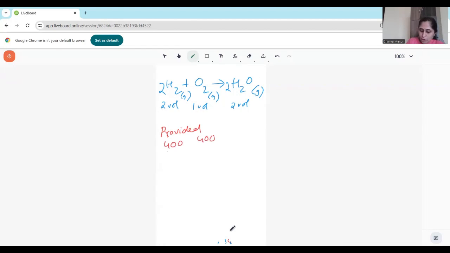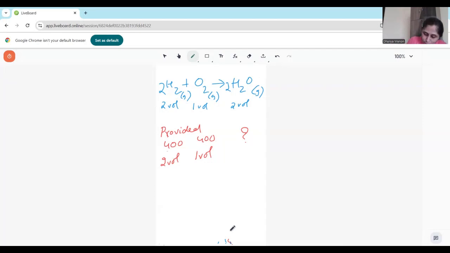First part of the question is how much water, or sorry, how much steam you're getting. Okay. Now you must consider 2 volumes of hydrogen is reacting with only 1 volume of oxygen. Okay. And you are given 400 and 400. Right. So that means oxygen needed is just the half because 2 volumes is reacting with 1 volume.